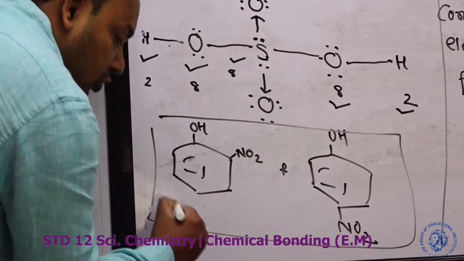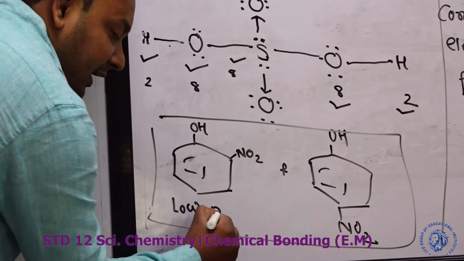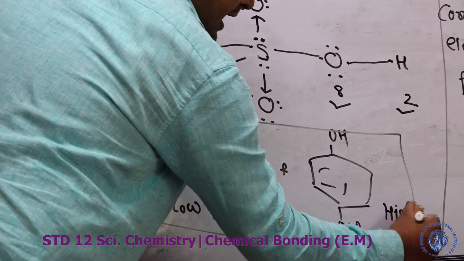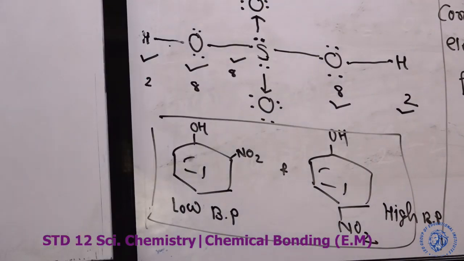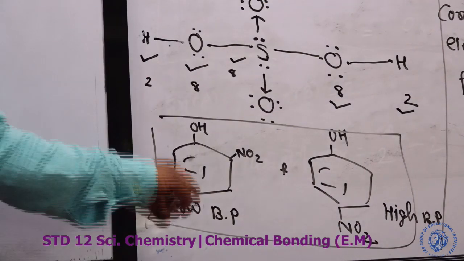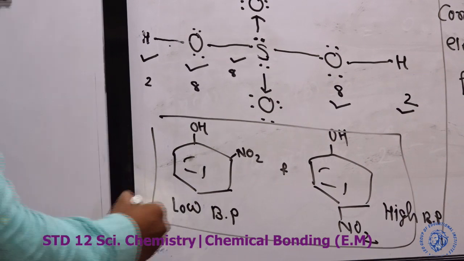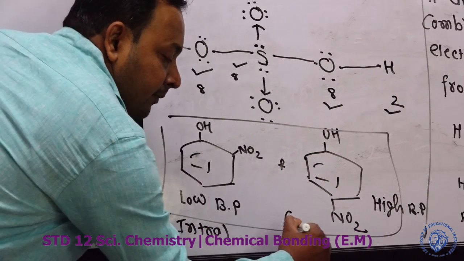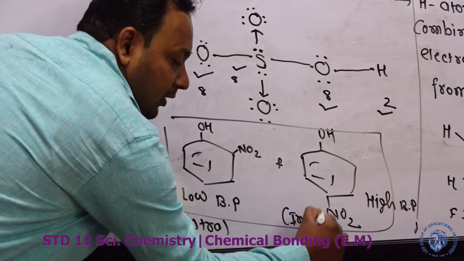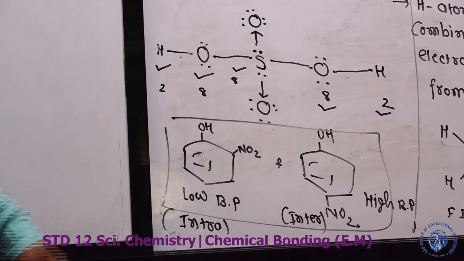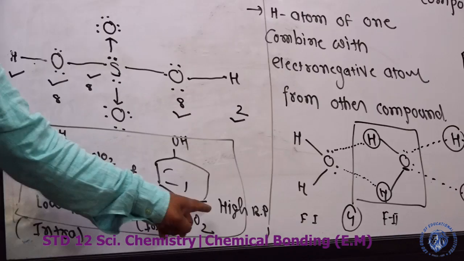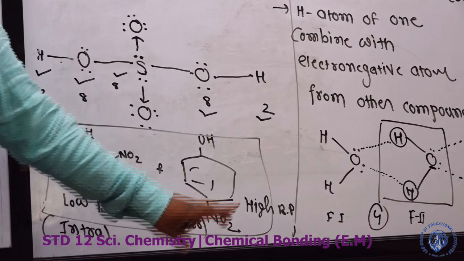But this orthonitrophenol has a lower boiling point and paranitrophenol has a higher boiling point, even though both have the same molecular mass. Now, the reason is that this one forms intramolecular hydrogen bond and this one forms intermolecular hydrogen bond. Because it forms intermolecular hydrogen bond, it has a higher boiling point.